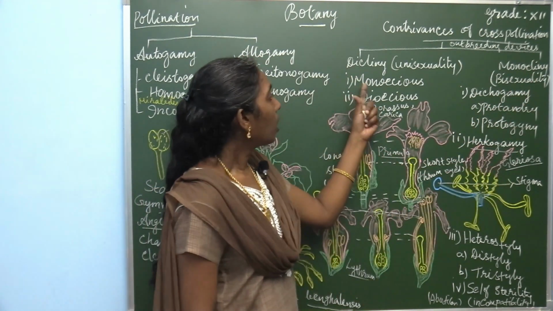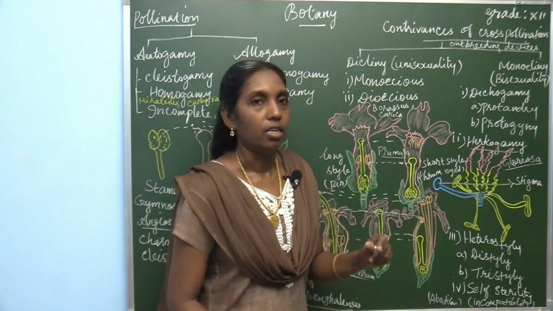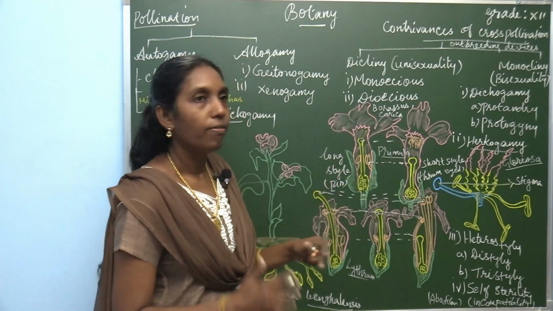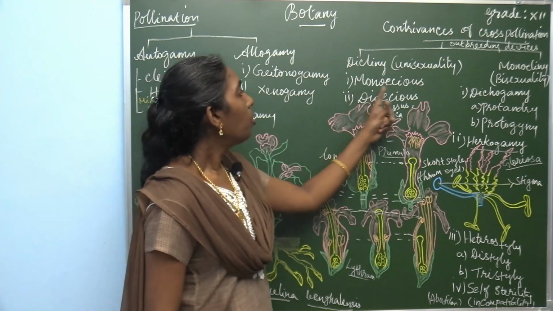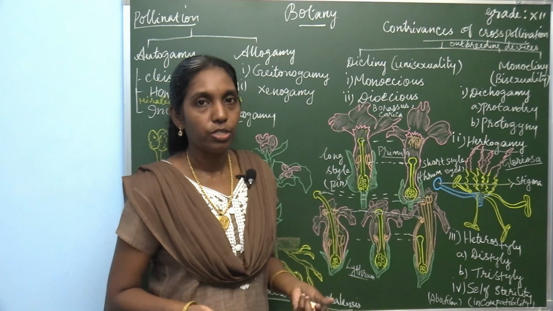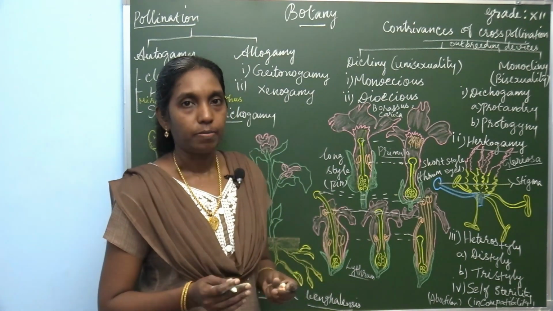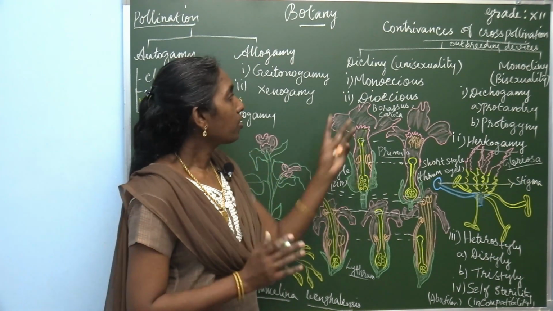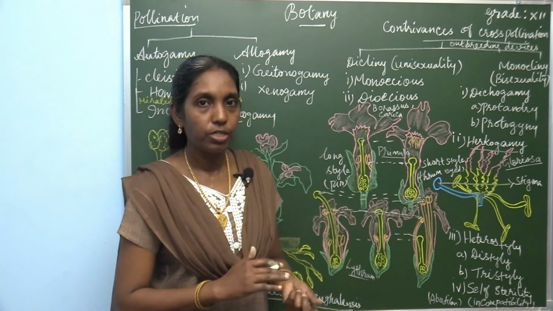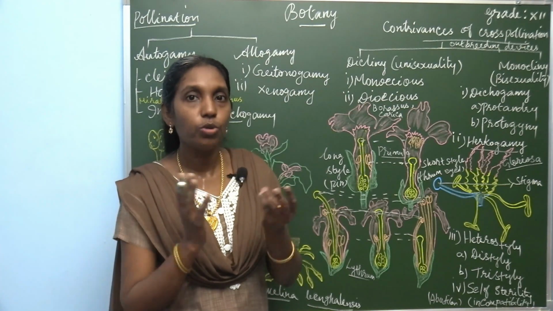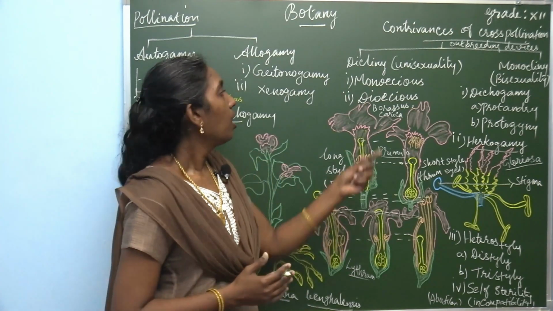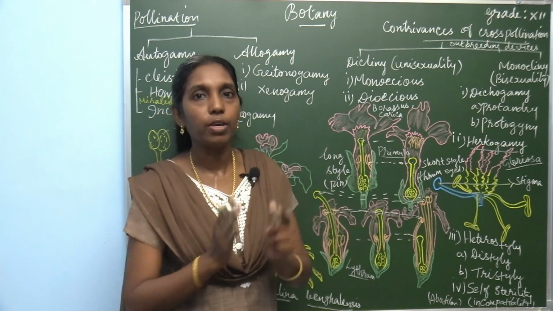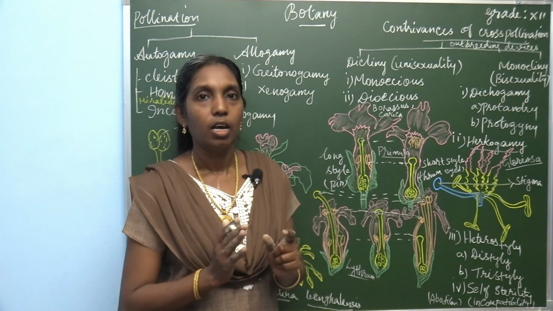Let us see the types under this. In dicliny, or unisexuality, there are two different conditions, monoecious and dioecious. Both are unisexual, that means male flowers separate and female flowers separate.